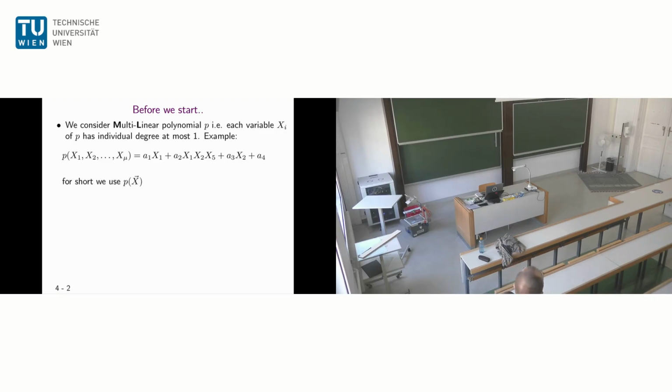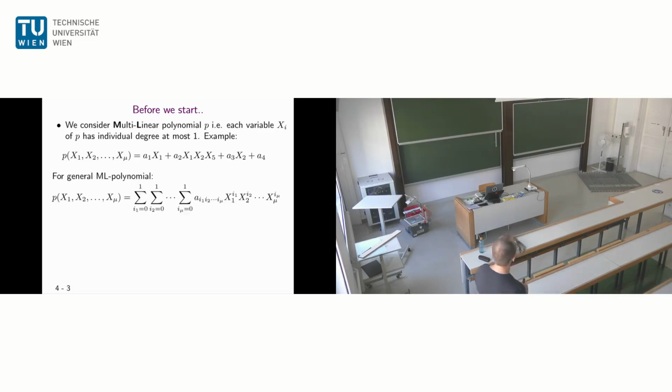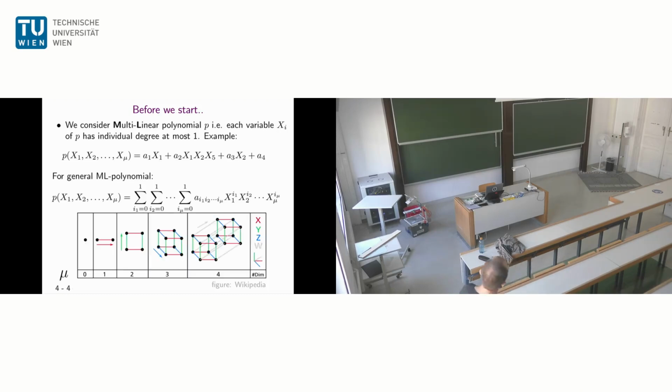Throughout this talk, I will sometimes concatenate all these variables and just write the vector above. Okay, remember that. In general, a multilinear polynomial has this form. Let's not go too much into detail, but what we can immediately tell is that a multilinear polynomial has at most 2 to the mu different coefficients, because we try every possible combination of variables.